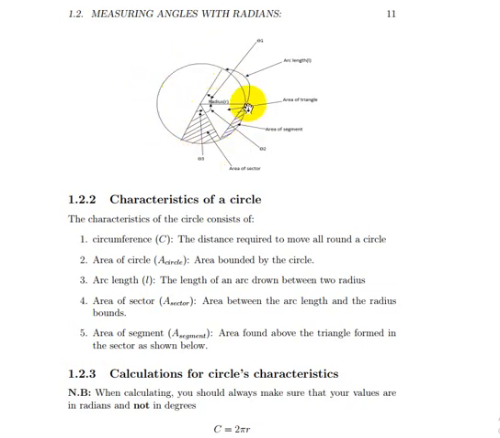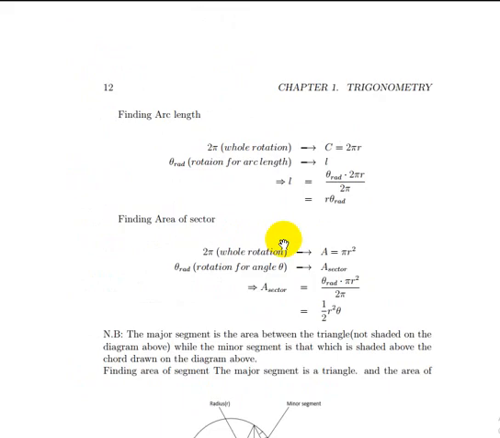So in order to cover the circumference, you need to move by an angle of 2 pi or 360 degrees. But to cover an arc length, you need to move by an angle of theta. This is what brings you to this formula.